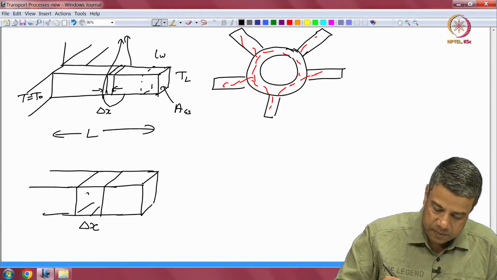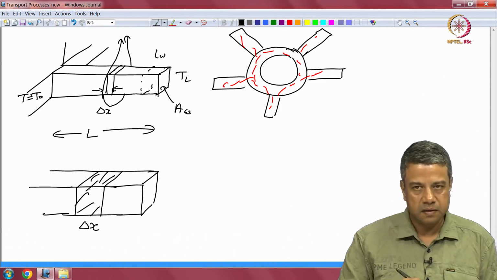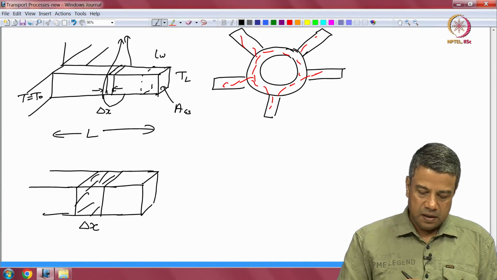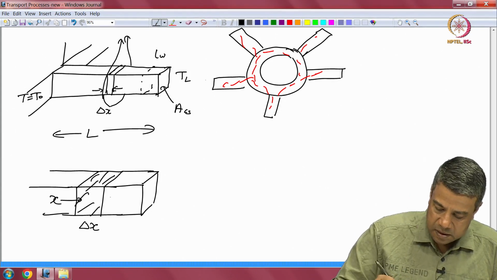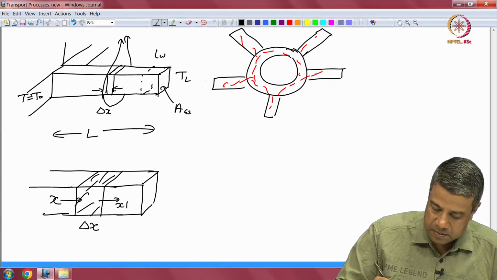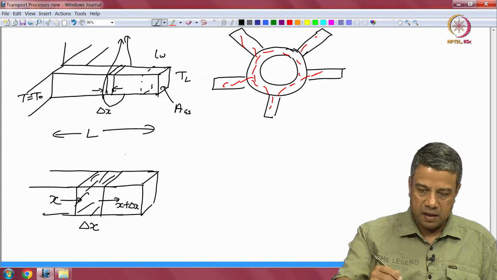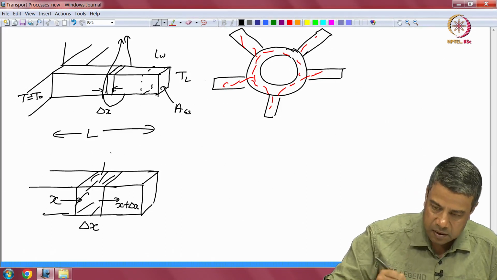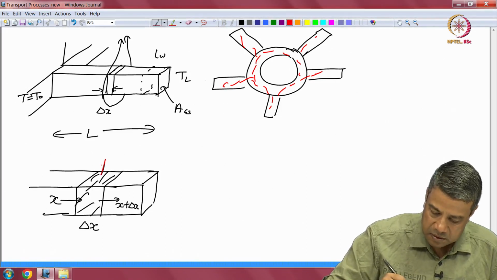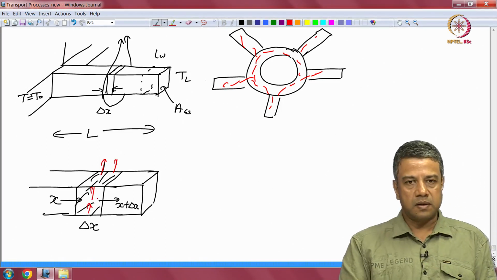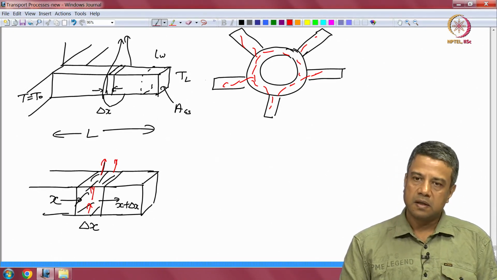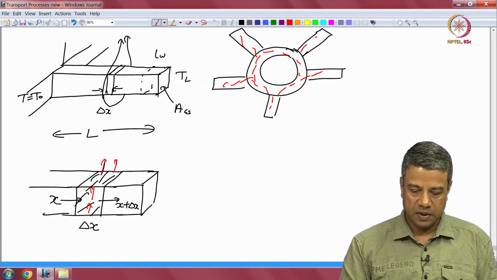So, I do a differential balance for this particular length. There is heat coming in at the location x, heat leaving at the location x plus delta x, and heat that is going out due to natural convection on all of these surfaces.